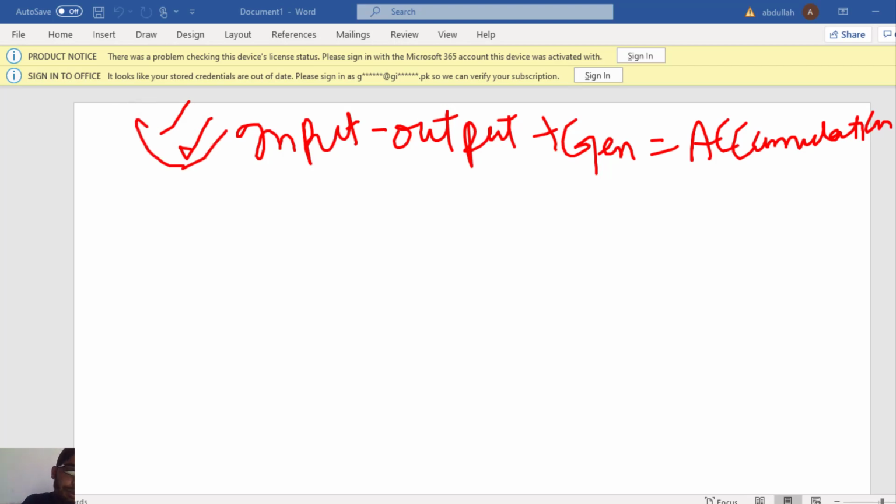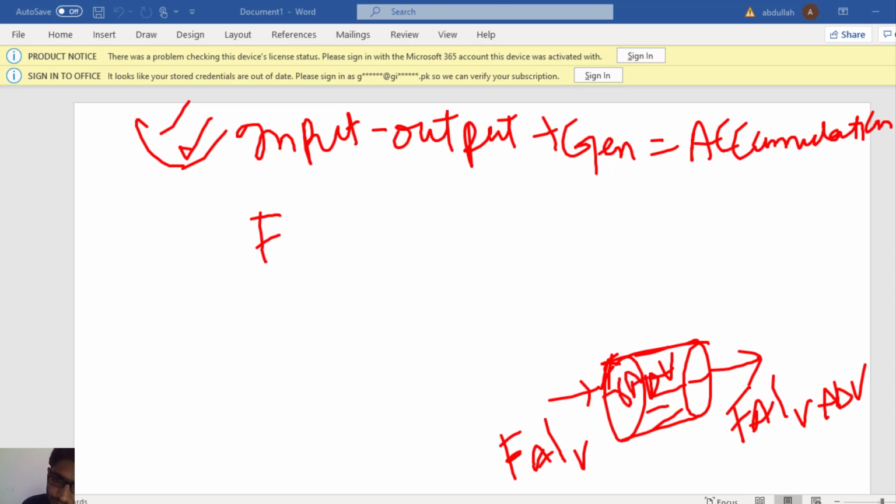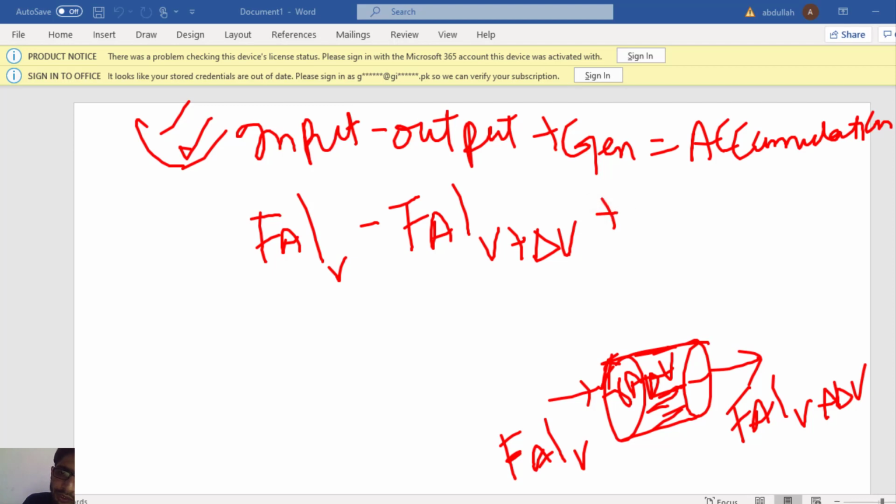For component A in the small volume, FA at V minus FA at V plus delta V, and the generation term is RA delta V. The plug flow reactor, or PFR, is operated at steady state, so the accumulation term is 0.